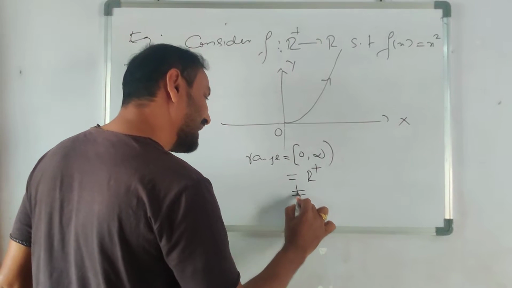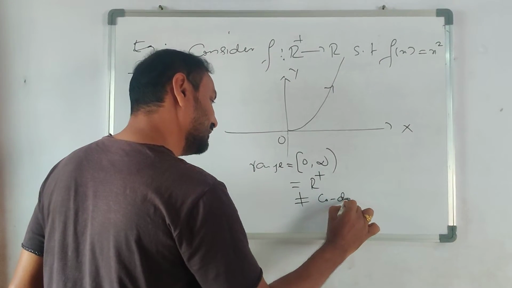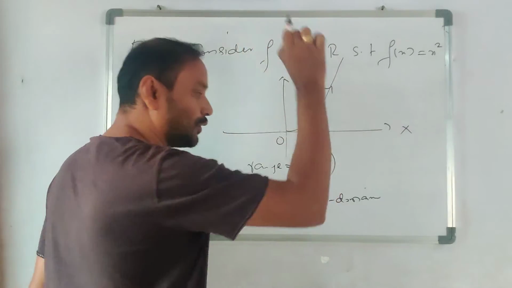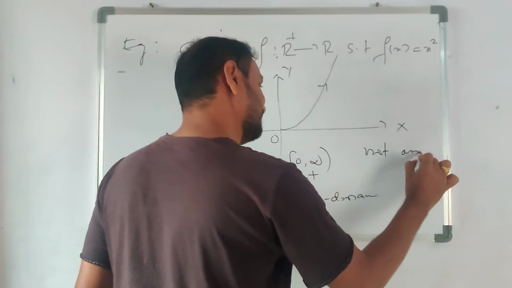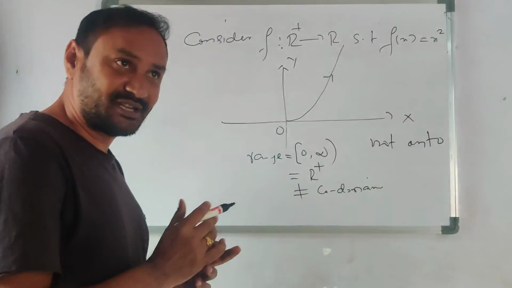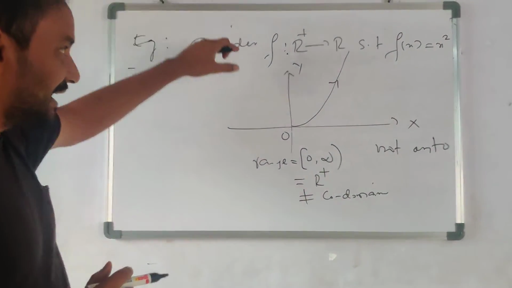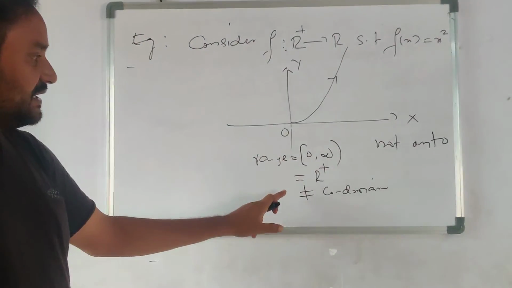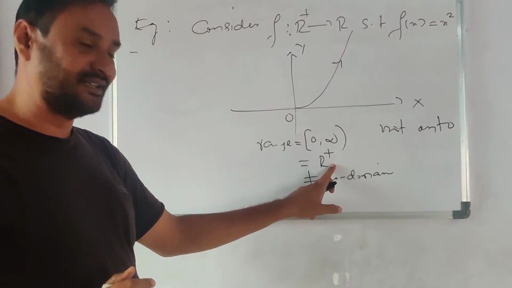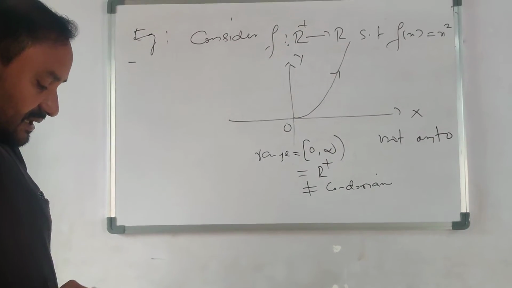But it is not equal to codomain. So that's why it is not onto. Understand the definition of onto: if the range equals codomain, then it is onto. Here according to the graph, it is not equal to codomain, so it is not onto.